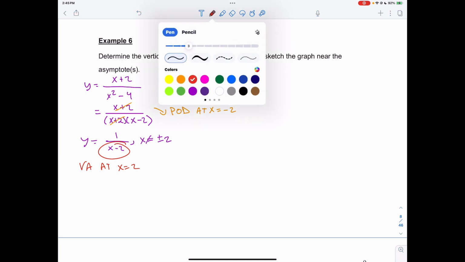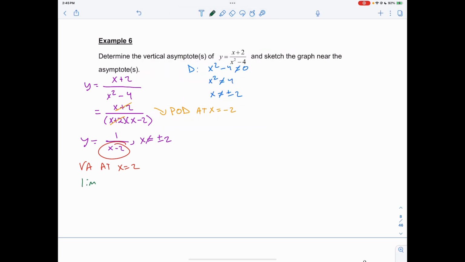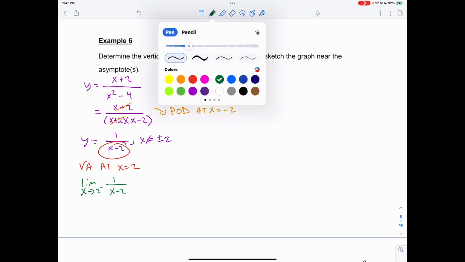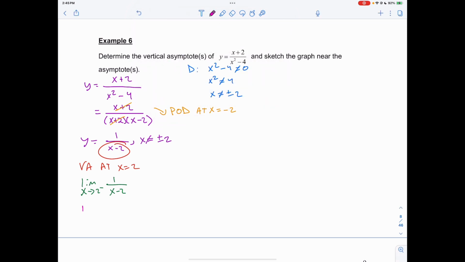So we're going to solve the limit as x approaches 2 from the left for 1 over x minus 2. And we're going to solve the limit as x approaches 2 from the right for 1 over x minus 2.